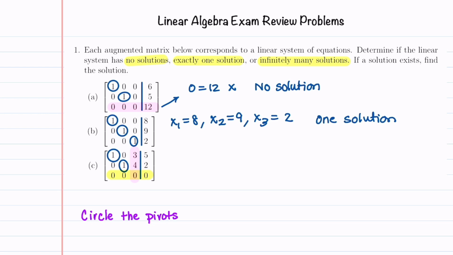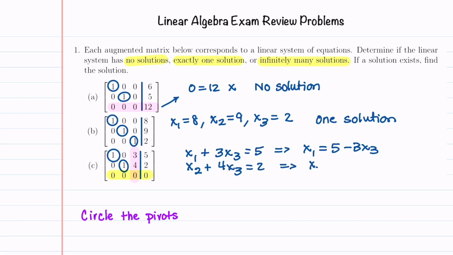Let's go ahead and solve for x1. We have x1 plus 3x3 is equal to 5. So that tells us that x1 is 5 minus 3x3. And then in our second row, we have x2 plus 4x3 is equal to 2. So this tells us that x2 is 2 minus 4x3.